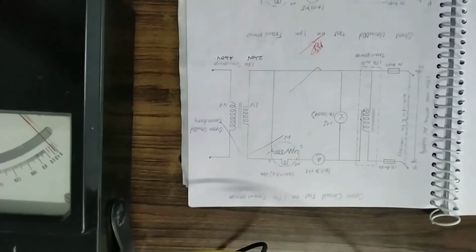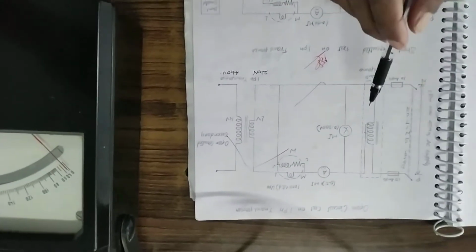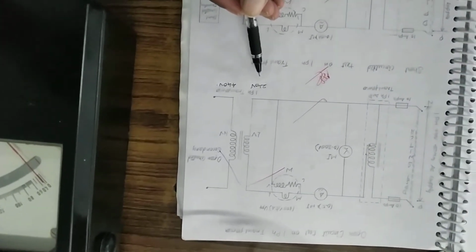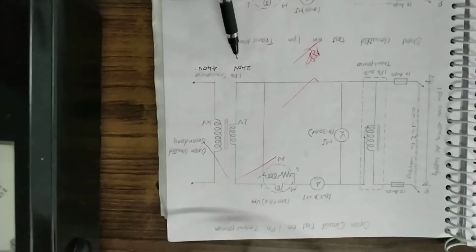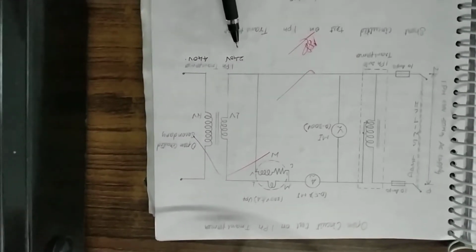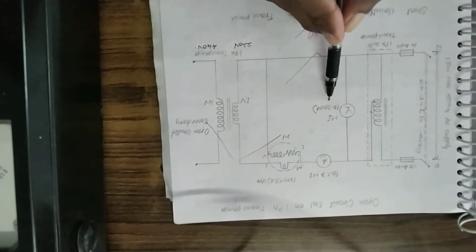As I explained in the previous experiments, we choose the voltmeter with the nearest highest value of 125%. 240 into 1.25 gives 300 volt, so we are choosing the 300 volt voltmeter.